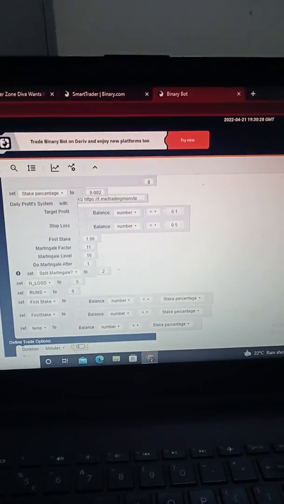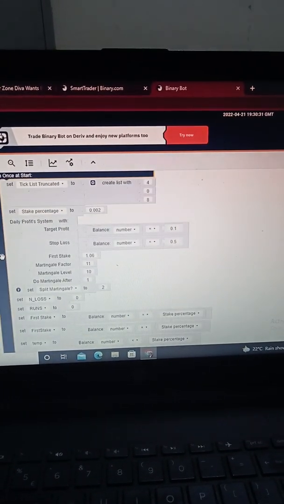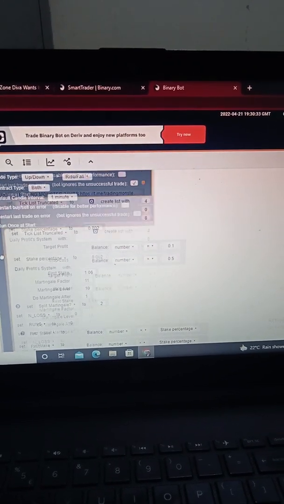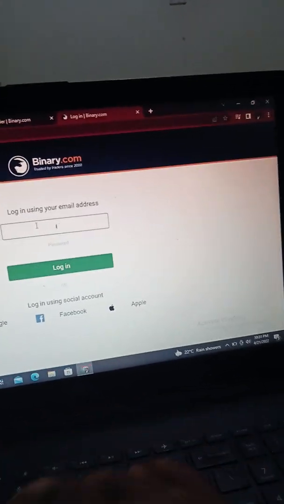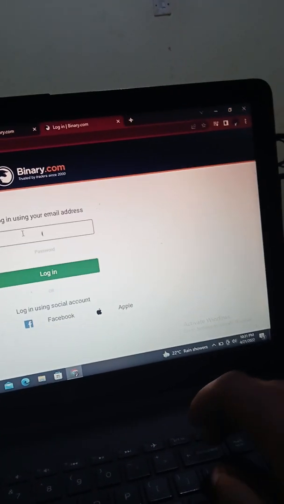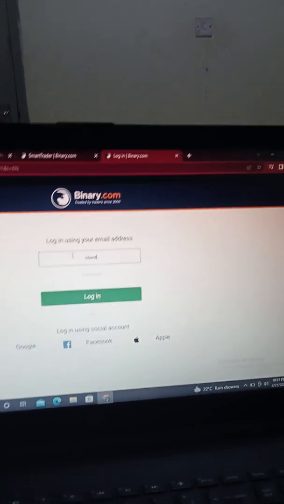So before you start trading with the bot, I want you to know a few things about applying the bot. Applying the bot will require you to have access to your trading account, and you get that access right here, the login tab on the far right corner. Let's log in. Again, it requires you to log in again so that you can access your account.